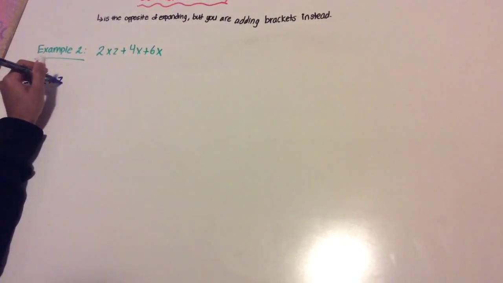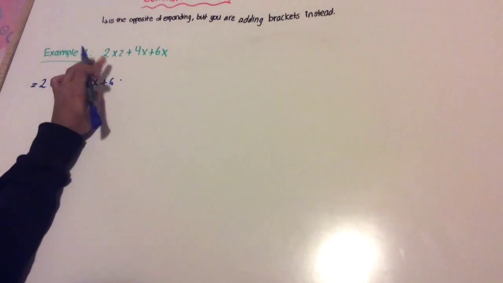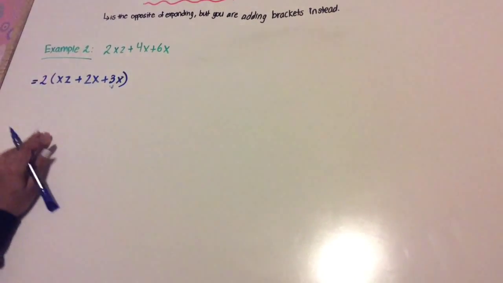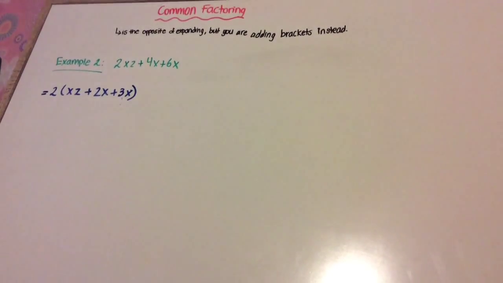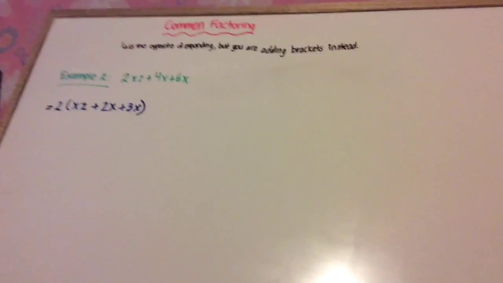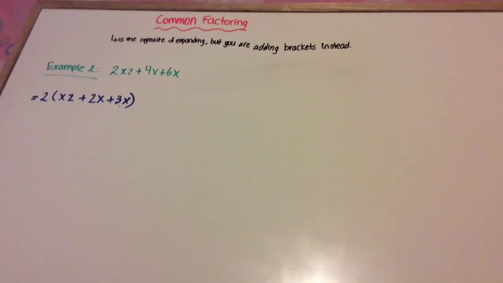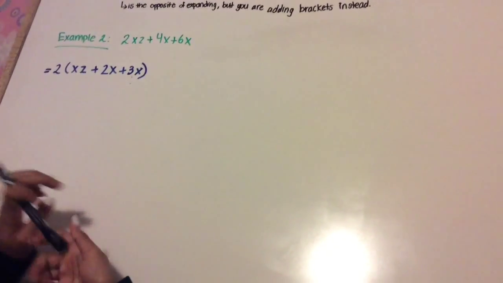So xz plus 2x plus 3x. But in this case, we're missing a step. You probably think that you can only take a number out, but you can also take a variable out as well, because the common factoring variable in this equation is x.